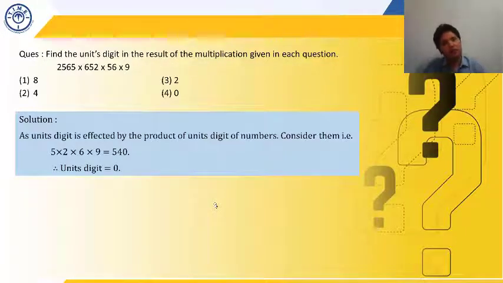You can see it: 5 2s are 10, unit digit 0; 5 4s are 20, unit digit 0; 5 6s are 30, unit digit 0. So if 5 is multiplied by any even number, the unit digit comes out to be 0, and 0 multiplied by anything, the answer has to be 0.